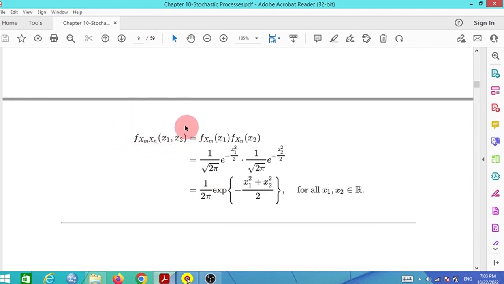To find the joint probability density function, if X_m and X_n are independent, the joint density equals the product of the marginal density functions. Replacing the formulas and multiplying, you can get this joint density function for X_m and X_n.